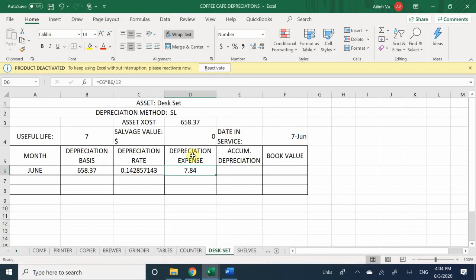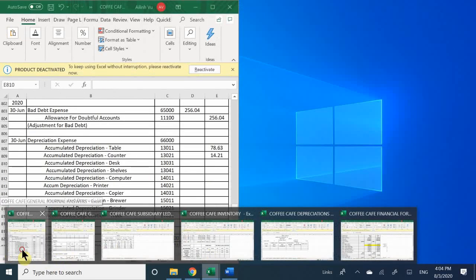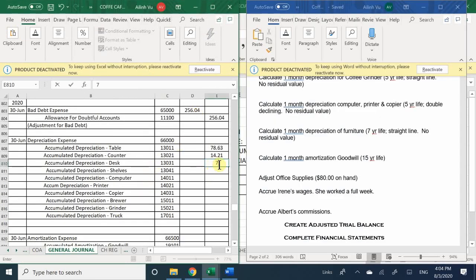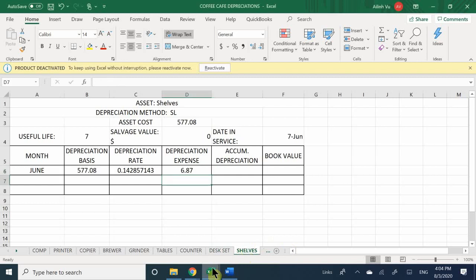For how much? $7.84. $7.84 is correct. All right. Next is shelves, $6.87. $6.87 is correct.